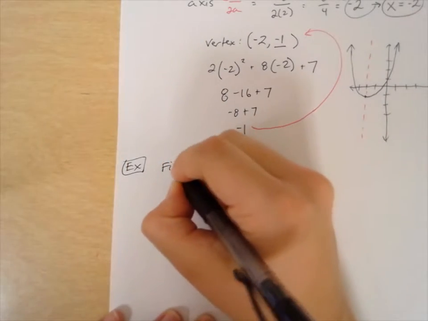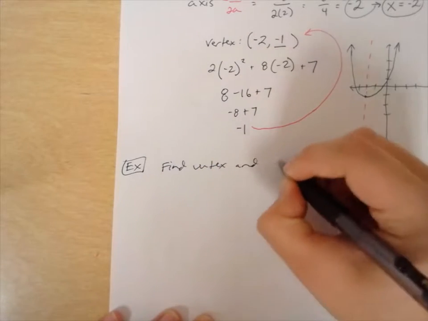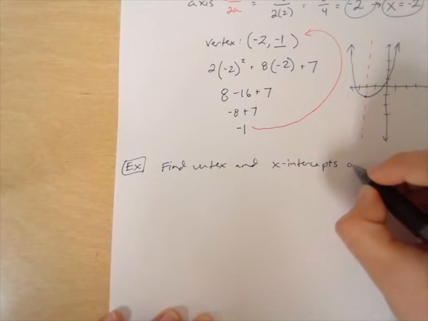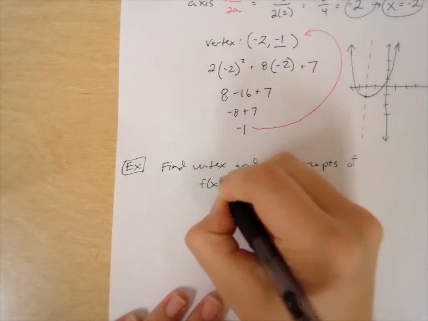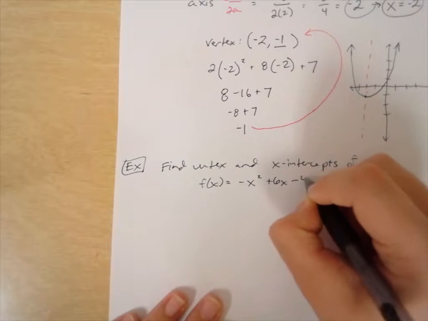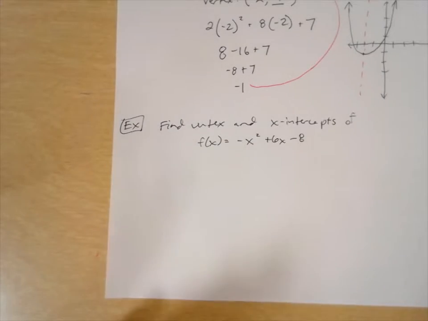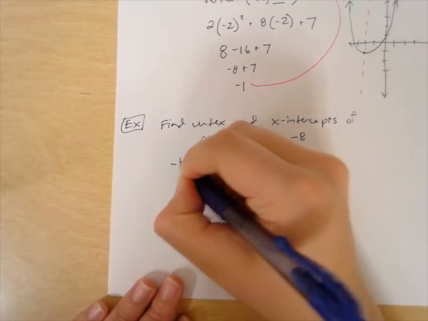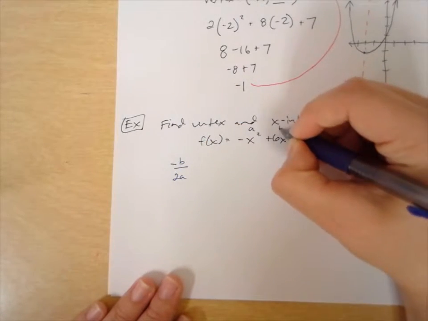We'll also be asked to not only find the vertex, but to find the vertex and the x-intercepts of f of x equals negative x squared plus 6x minus 8. To begin by finding the vertex, we're going to start with our negative b over 2a, and we know that we have a, we have b, and we have c.